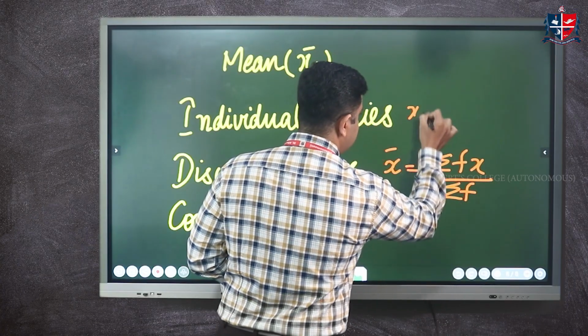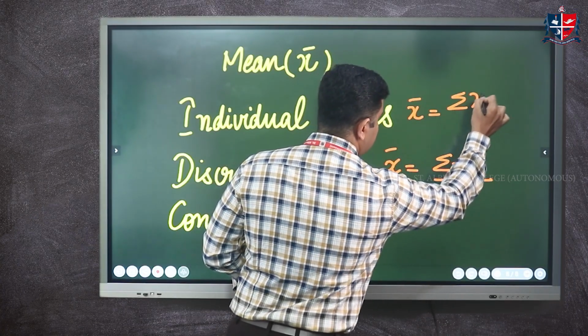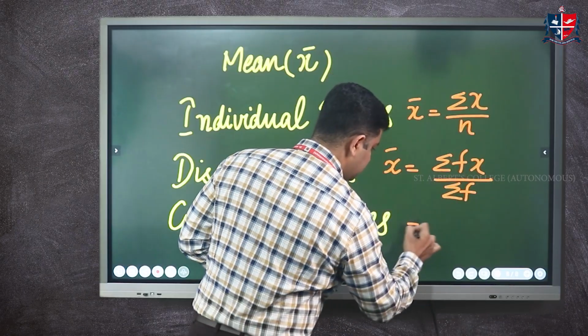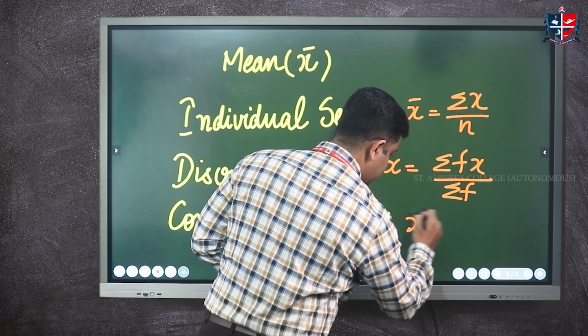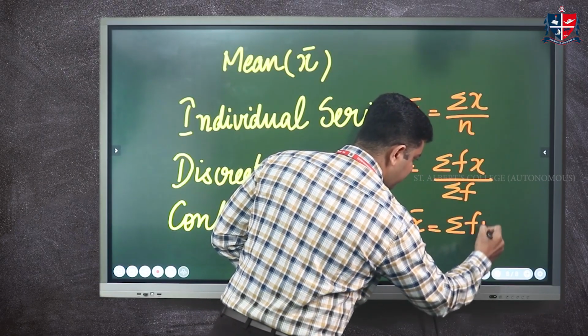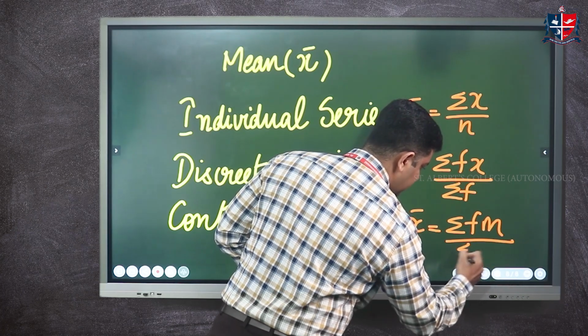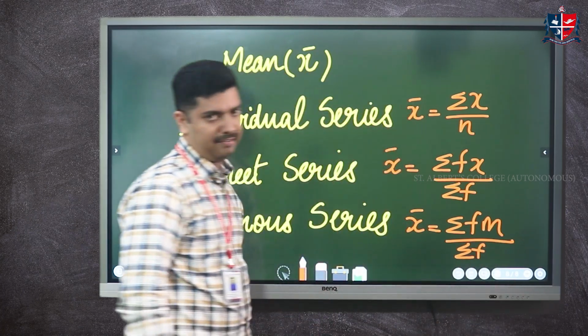In this one, x bar is equal to sigma fm, where m is the midpoint, divided by sigma f.